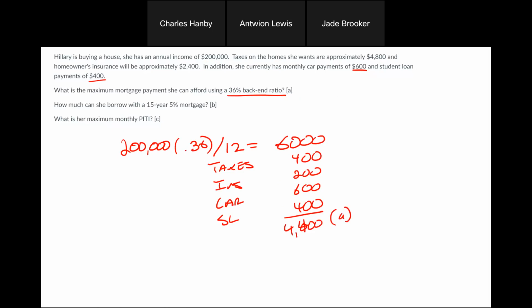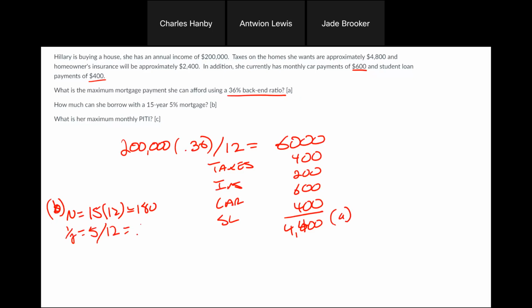Now, how much can she afford to borrow with a 15-year, 5% loan? I'll get it right eventually. 15 years monthly, 15 times 12, is 180. Mortgage IY is 5 divided by 12, so we have to do a monthly rate.